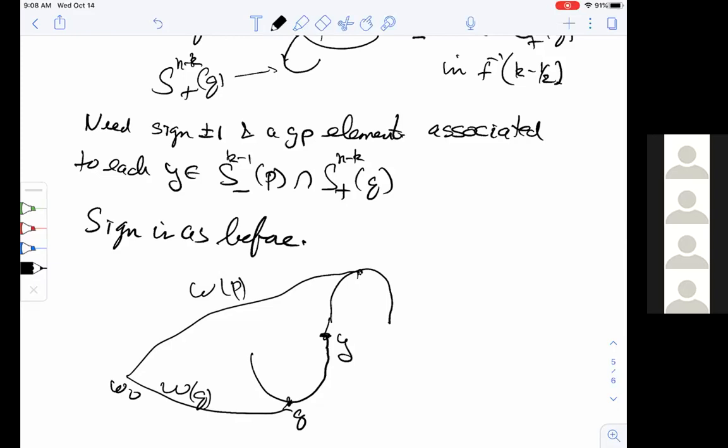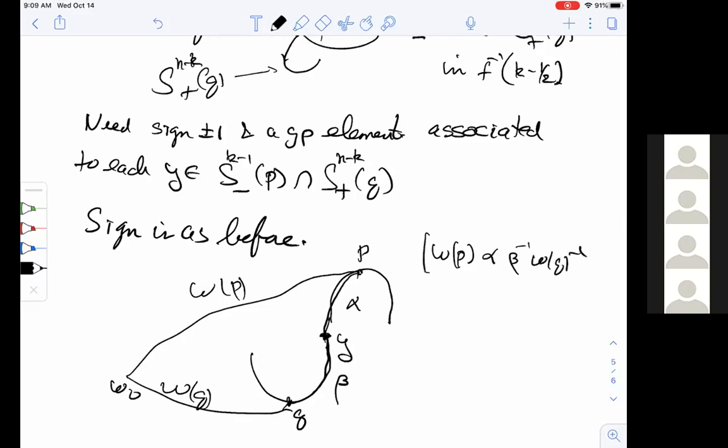We could do the sort of straight line path in the disk structure from P to Y, alpha, call it. And then I could do a straight line path from Q to Y, call it beta, and I can make a loop, omega P, alpha, beta inverse, omega Q inverse.